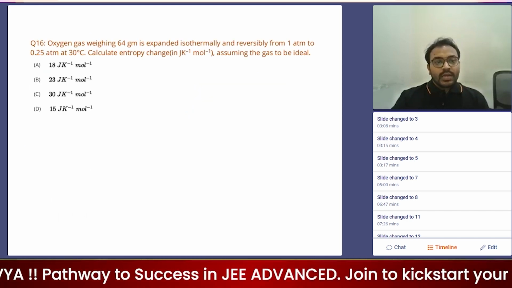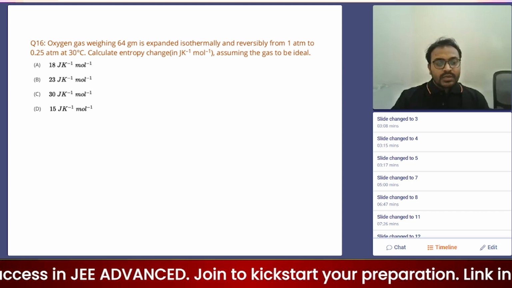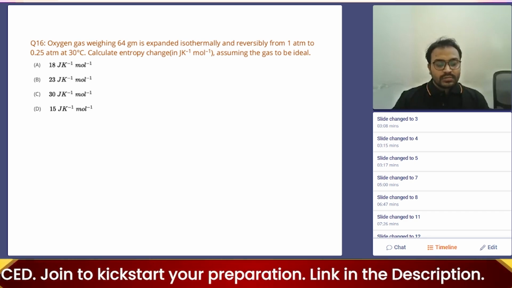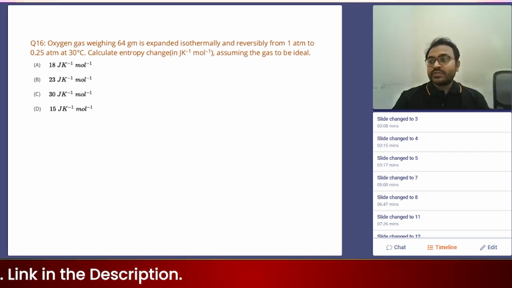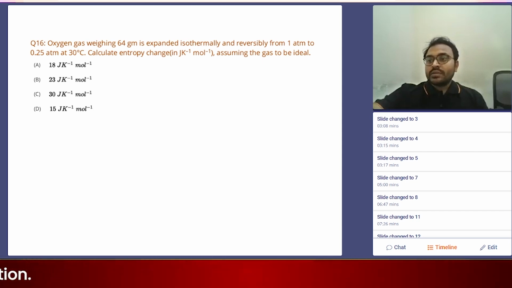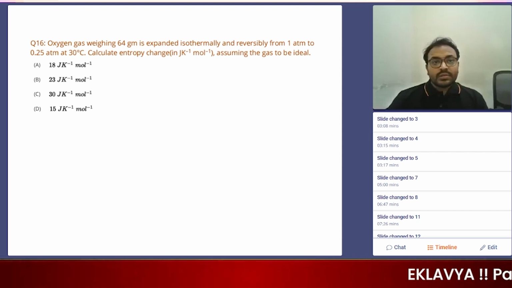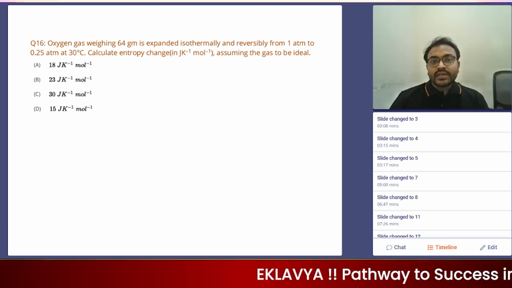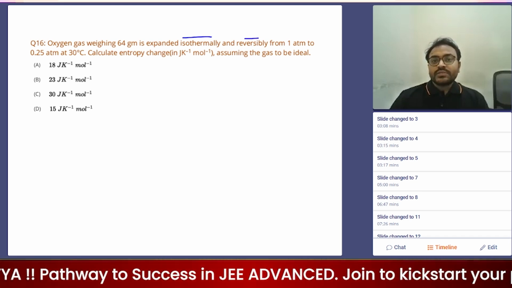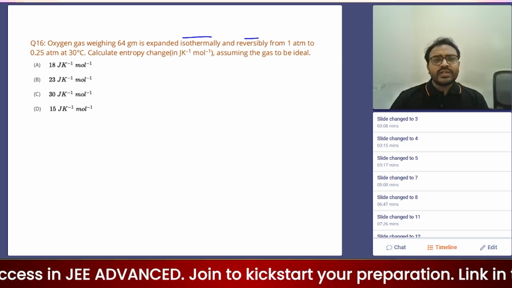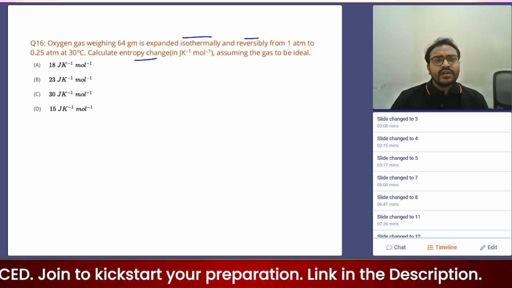Right? Now the next question. The next question is oxygen gas, given with its weight. Its weight is given as 64 g, and it is expanded isothermally and reversibly from 1 atm to 0.25 atm.